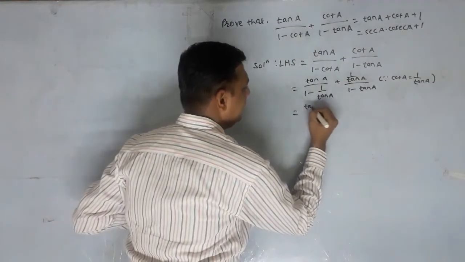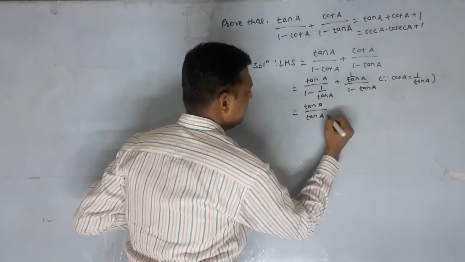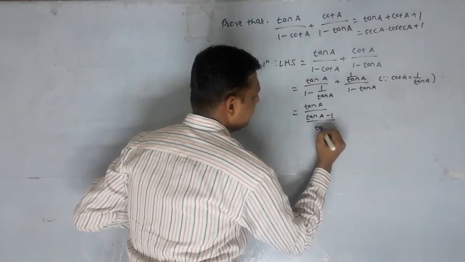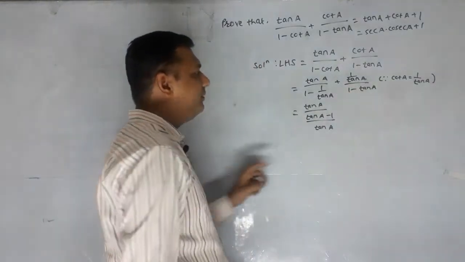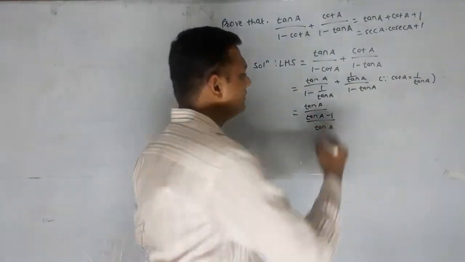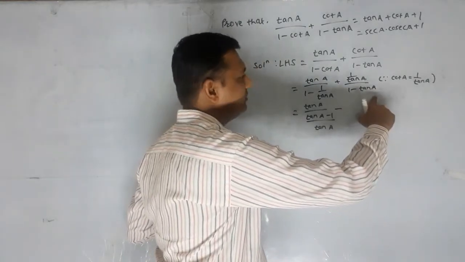So tan a upon tan a minus 1 upon tan a. Here we are taking that minus common, so 1 minus tan a becomes tan a minus 1.